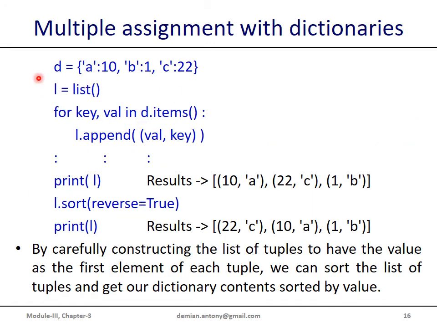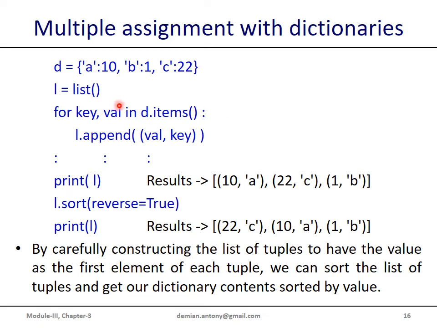This is the program segment. We have three items in the dictionary, key value pairs. We create an empty list of tuples, empty list, and for each key and value in the d dot items, which generates a list of tuples, key comma value pairs.